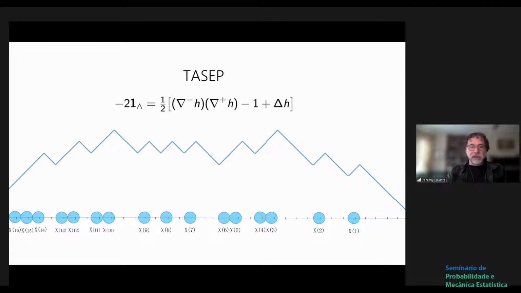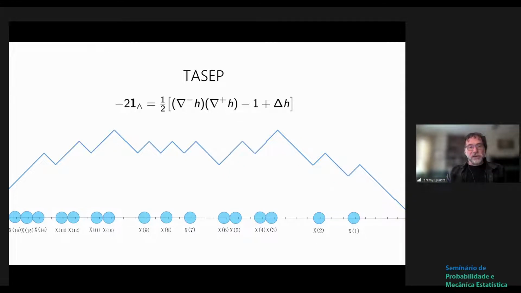So the rate of jumping down is -2 times the indicator function of a little local max. And because this height function is a discrete type of thing, which only jumps up or down by 1, one can do a little calculation and check that that function, so this is just an equality of h's, where h's are our nearest neighbor simple random walk paths.